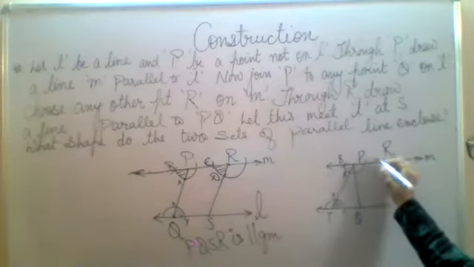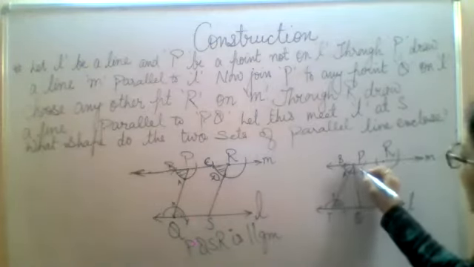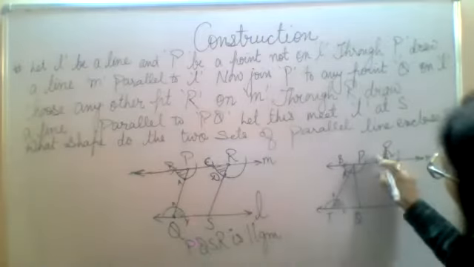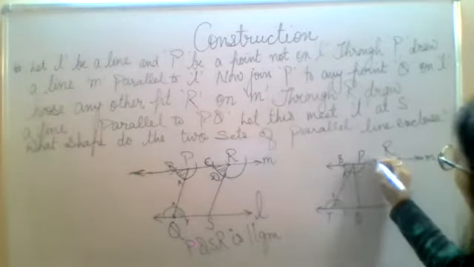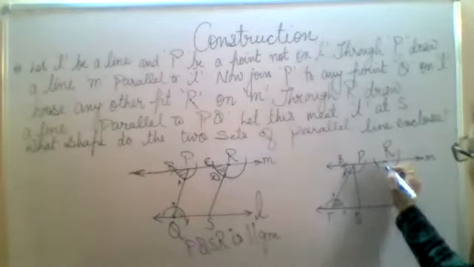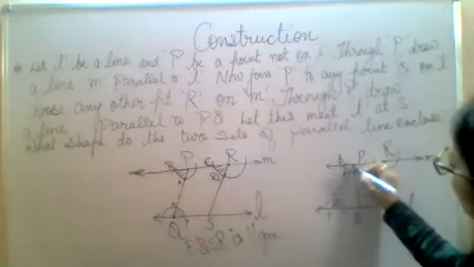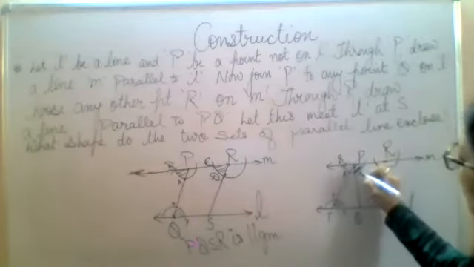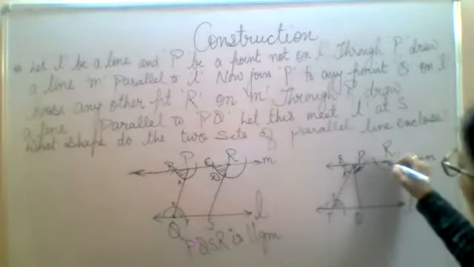With the same radius, this side, you can measure this one, because we have to make corresponding angles equal.